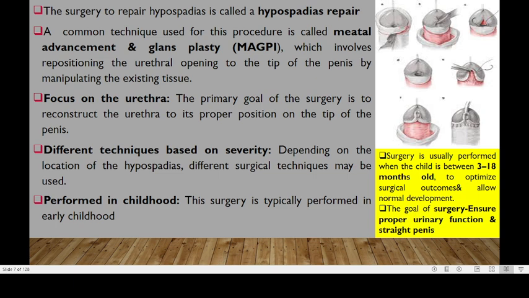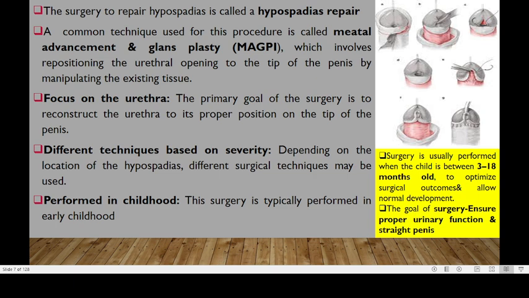This surgery is typically performed in early childhood, and we have indicated it should be performed between the 3rd and the 18th month. In short, in infancy. And this is just to optimize surgical outcomes and allow normal development.